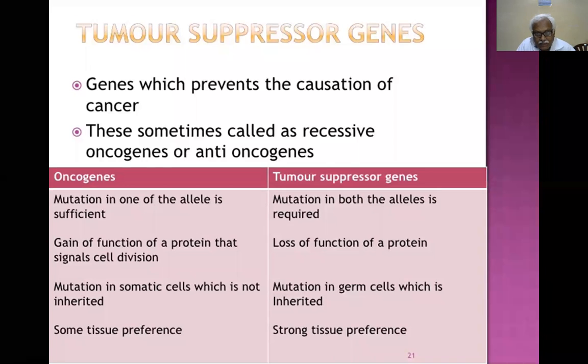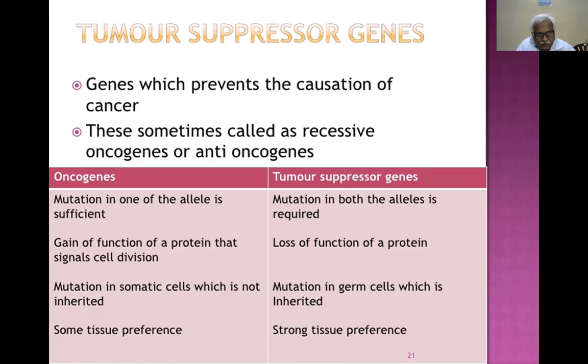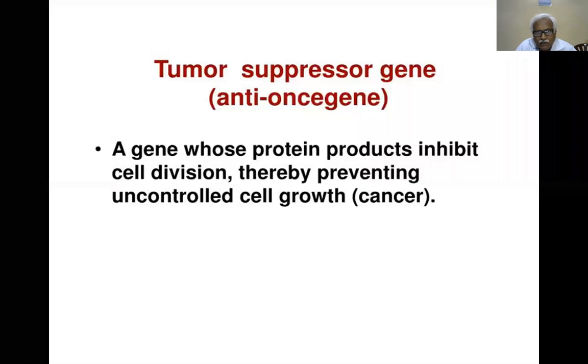The germ cells are at risk. So they finally come to the surface. For oncogenes, some tissue preference exists. But for tumor suppressor genes, there is strong tissue preference, only one type of tissue can be affected. A tumor suppressor gene is known as an anti-oncogene.